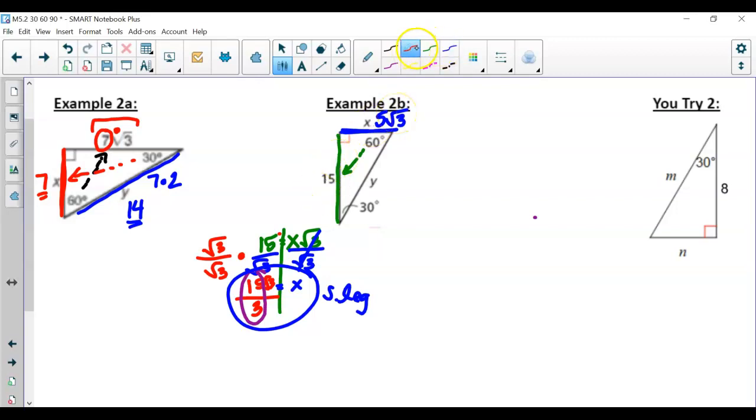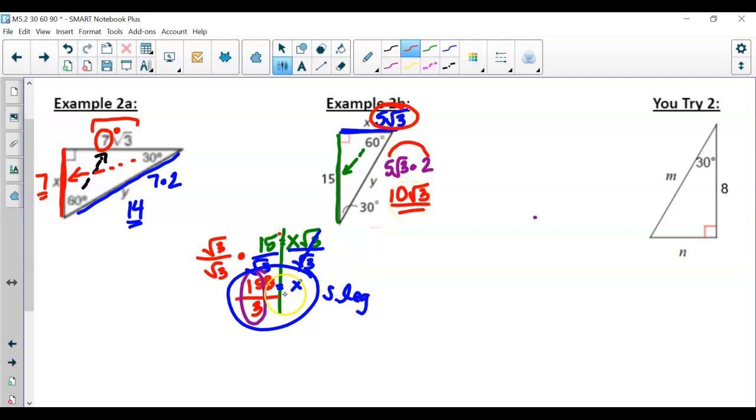So now that our short leg is 5 radical 3, we take the hypotenuse and multiply the short leg by 2. So 5 radical 3 times 2, which now 5 times 2 is 10. So 10 radical 3. So the short leg is 5 radical 3, and the long leg is 10 radical 3.